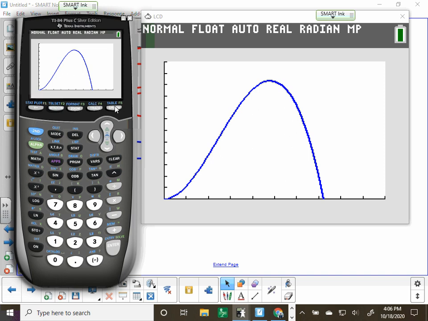All right, so I'm looking for this maximum volume. So it's right here. So there's some x value over, and then some y value up. X would be the side of the box, and then the output of it would be the volume. So I'm going to do left, right, guess under the calculate menu.